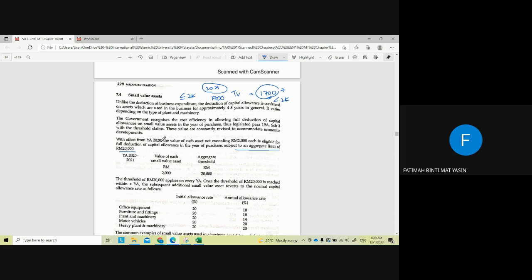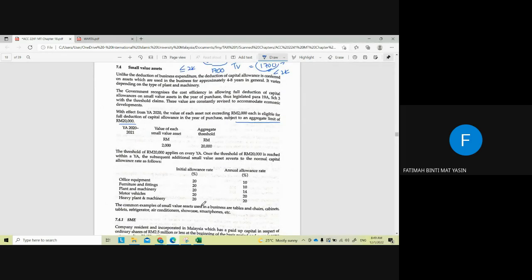But if the company purchases a lot of small value assets and the total is more than 20,000 ringgit, then the amount after that 20,000 must be calculated according to the initial allowance and annual allowance given. You cannot claim 100% if the total exceeds 20,000 ringgit.